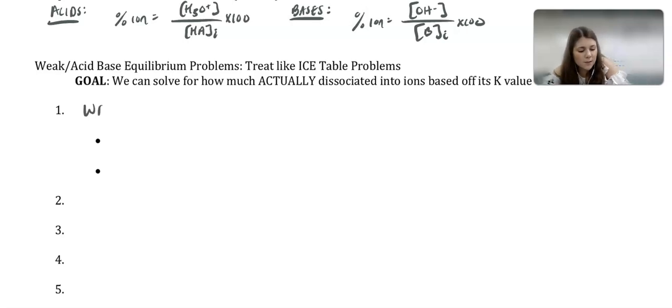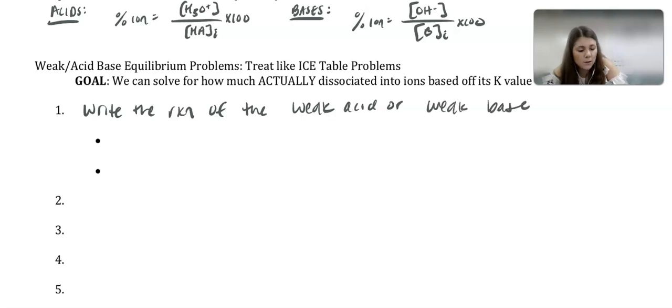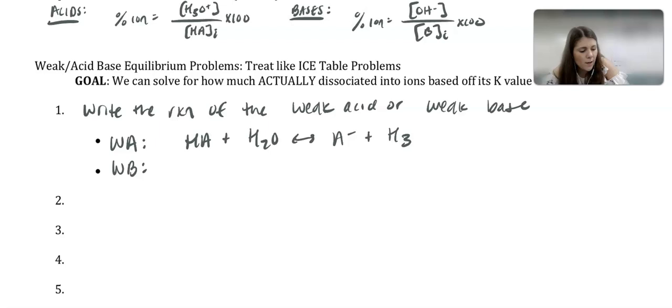So first step is write the reaction of the weak acid or weak base. So here, if it's going to be a weak acid, I'm going to put WA for weak acid and WB for weak base, okay? Here our weak acid reactions will look like this, while our bases will look like this.